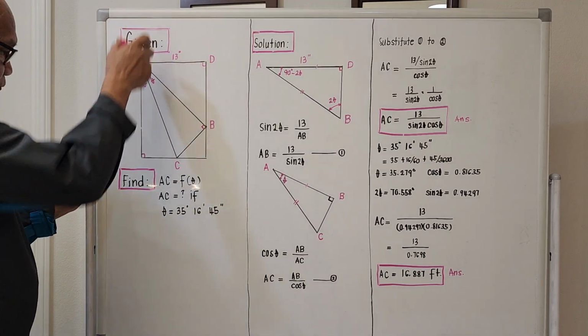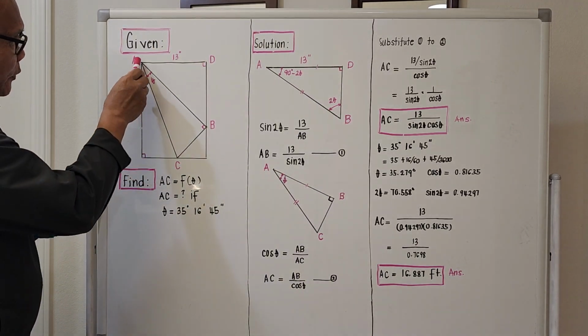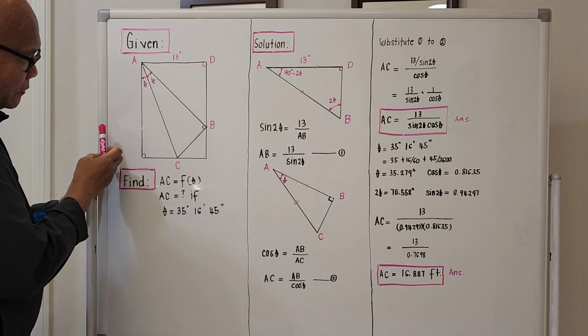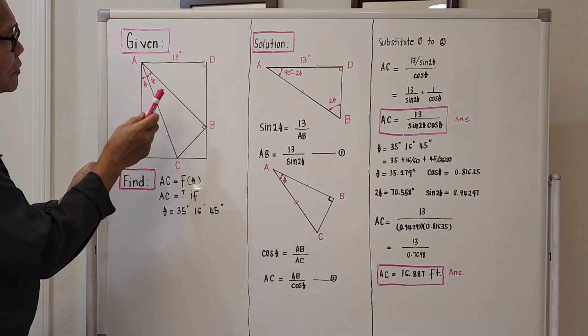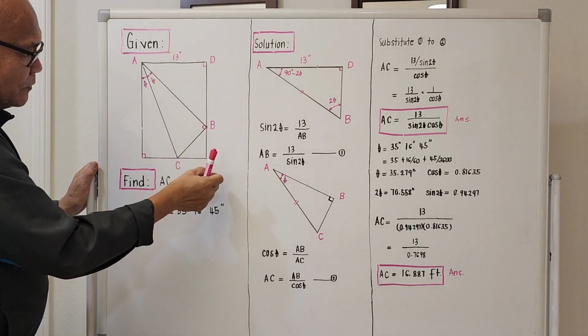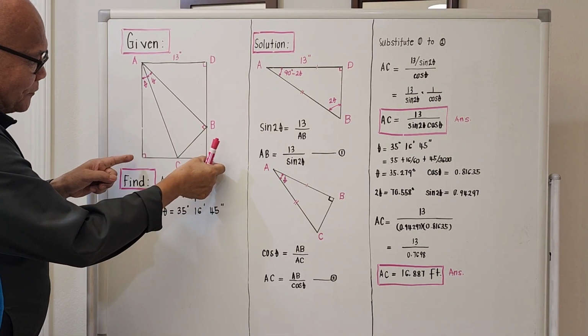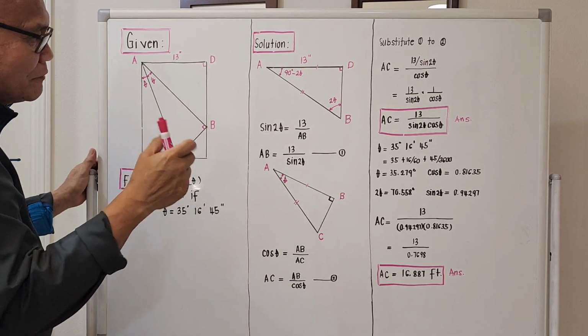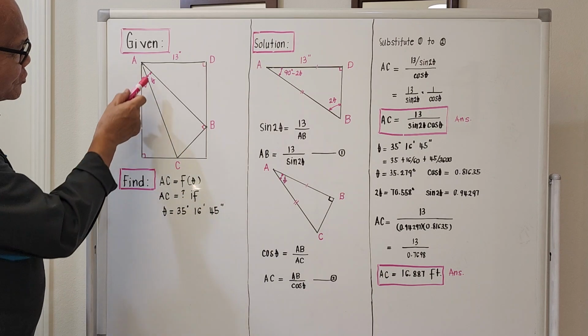We are given a rectangle over here. The rectangle is designated by AD, up to this point here and up to this point. Inscribed in the given rectangle is this right triangle.